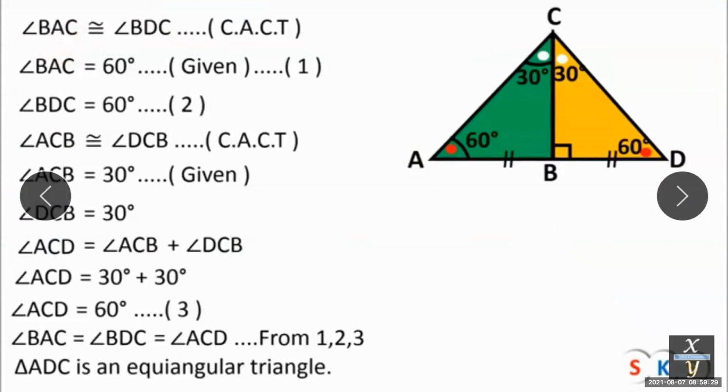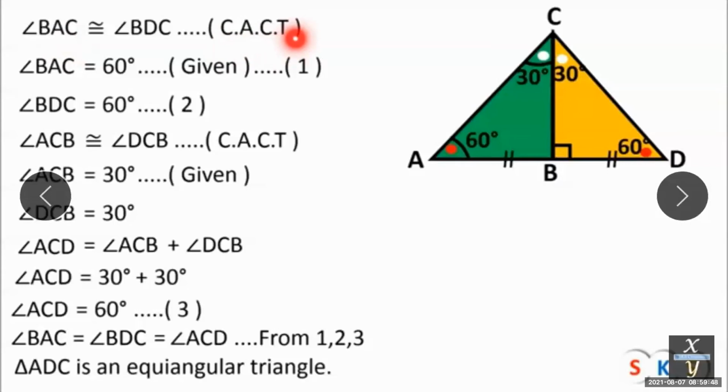Why congruent? Because those are corresponding angles of congruent triangles. So in short, that is written over here, CACT, corresponding angles of congruent triangles.